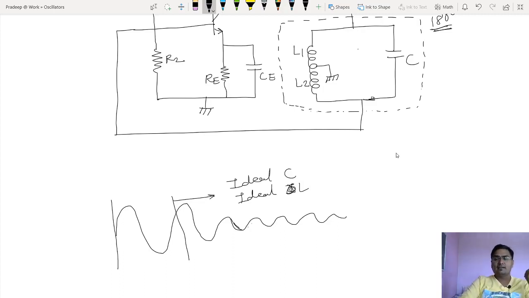But ideal components are not there. If I consider a practical inductor, there is a resistive loss, and if I consider a practical capacitor, there is a dielectric loss. Because of that dielectric loss and resistive loss, I am getting these underdamped oscillations.